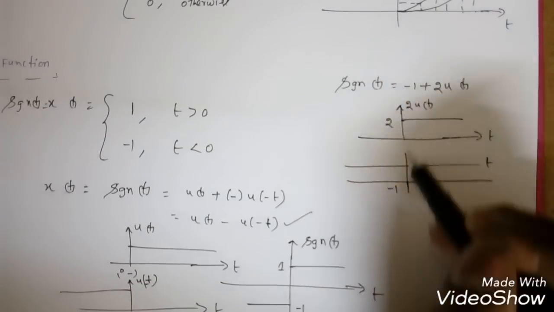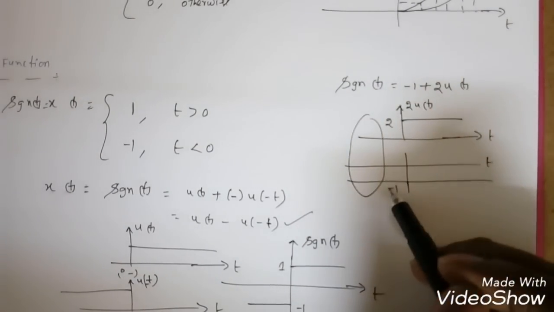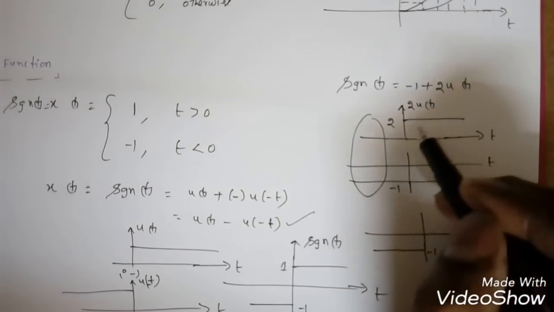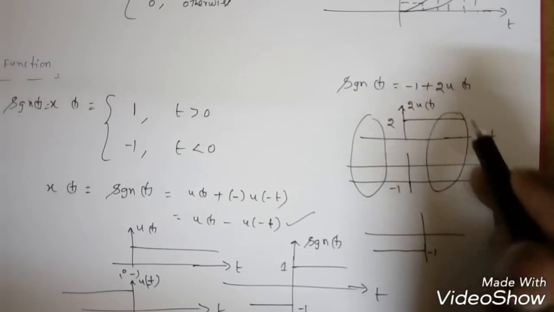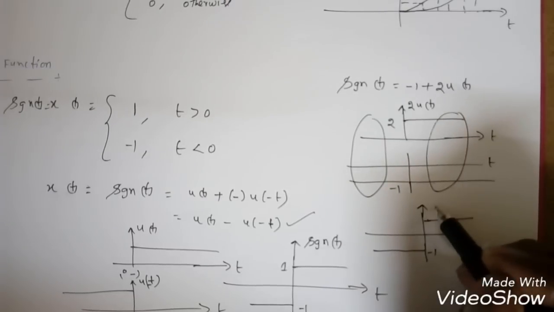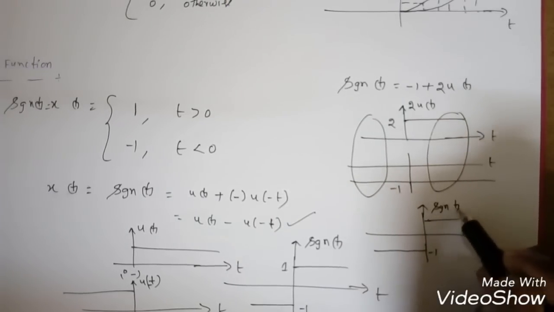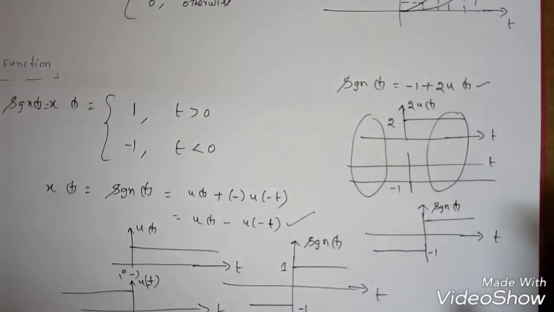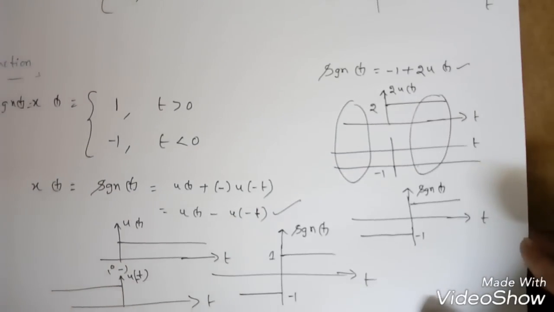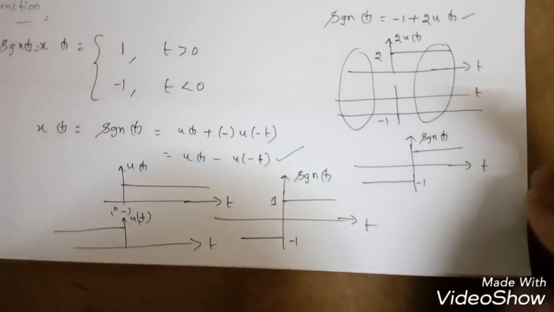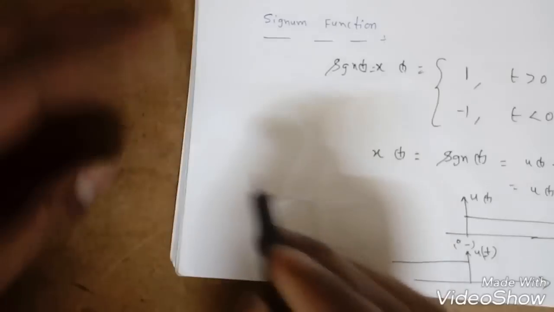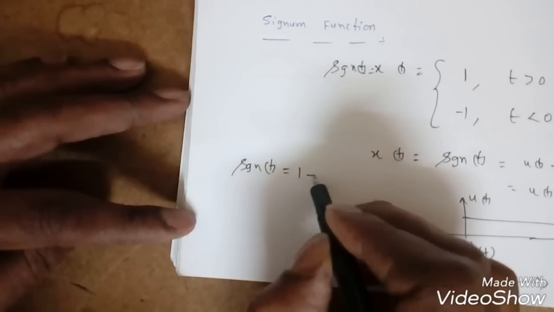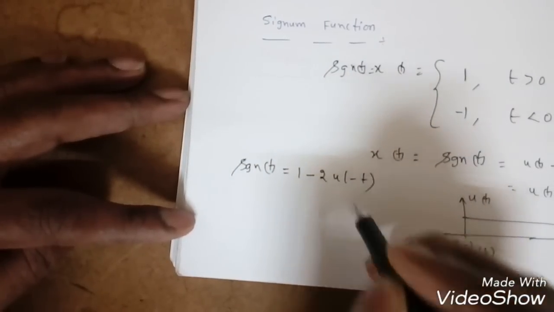Up to here, where u of t is 0, we get minus 1. From here on, minus 1 plus 2 gives plus 1. So this is also signum of t, which is minus 1 plus 2 into u of t. This can also be written another way: sgn of t equals 1 minus 2 into u of minus t.